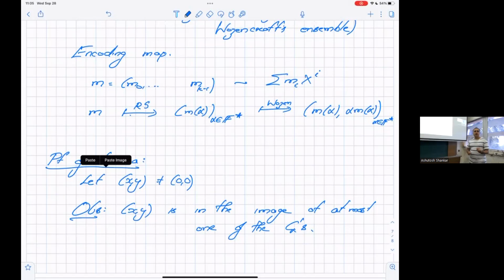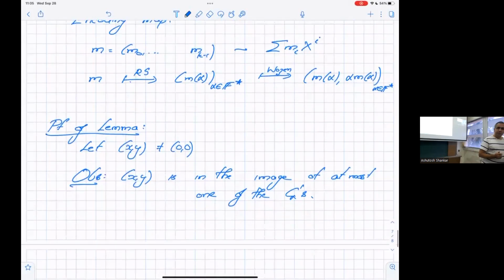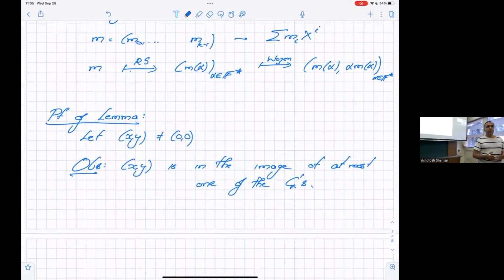But when is the C alpha good? If it doesn't have any low weight code word, that's when a C alpha is good. The number of low weight code words globally is small. That's just the volume count.